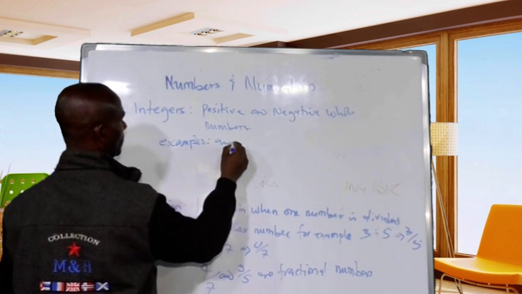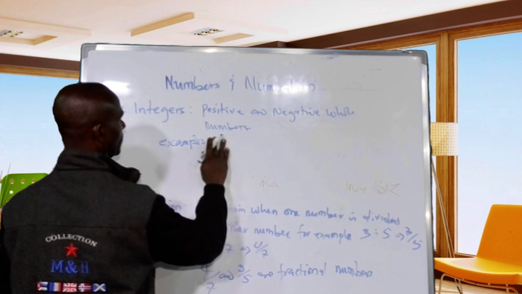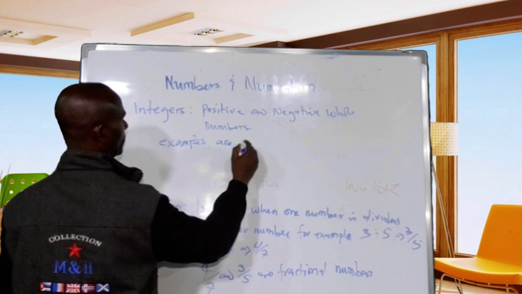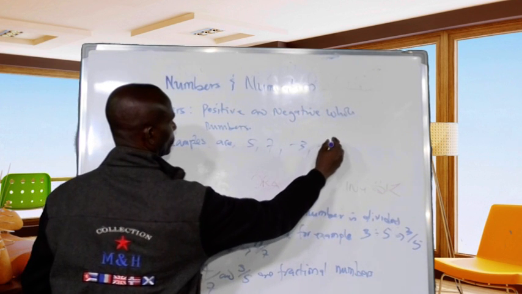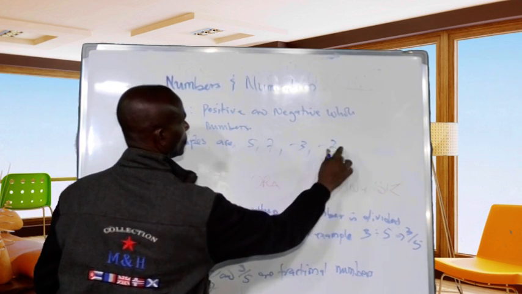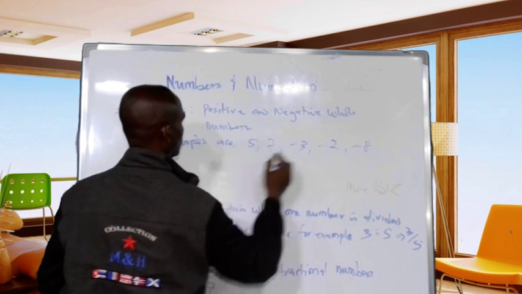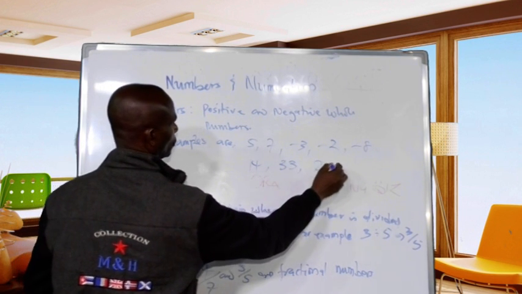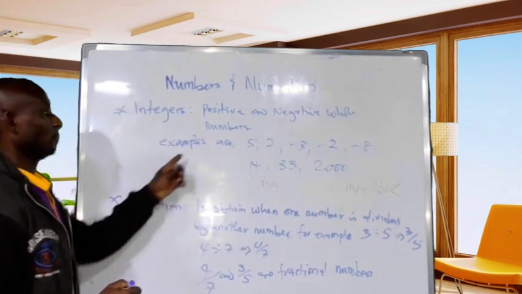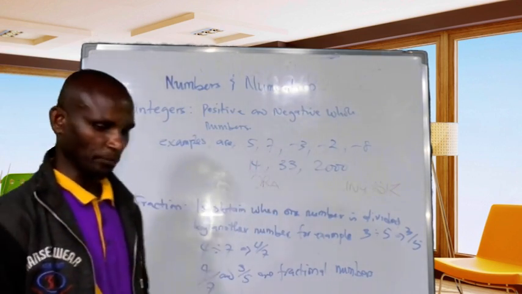Examples are 5, 7, minus 3, minus 2, minus 8, 14, 33, 200, 2000. Those are integers. Positive and negative whole numbers are called integers.